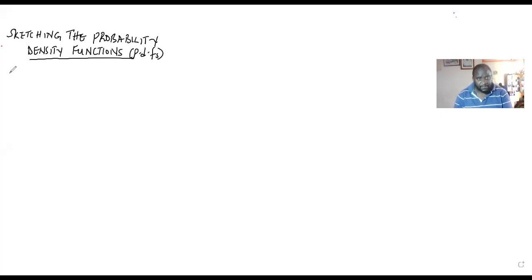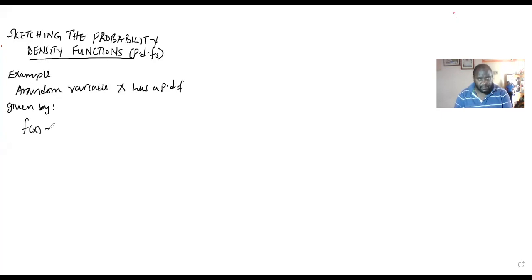So in case you have, for example, a random variable x has a PDF given by f of x is equal to a quarter x, 0 less than x less than or equal to 2.